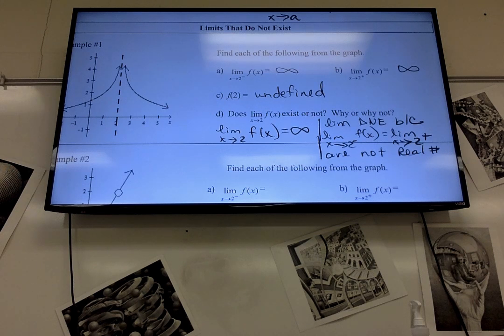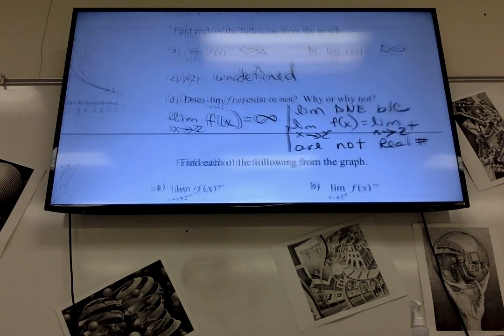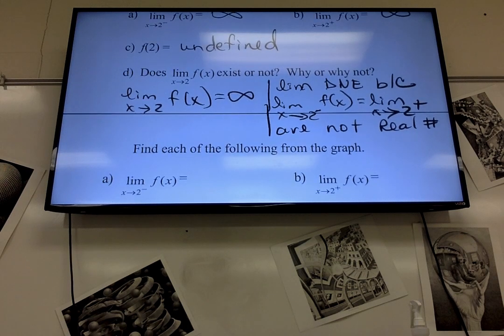If it's a multiple choice question, it would never have an answer that is does not exist or infinity. So you wouldn't have to worry about that. And if it was a free response question, they would accept either answer. You could put infinity as an answer for that limit, or you could say does not exist.